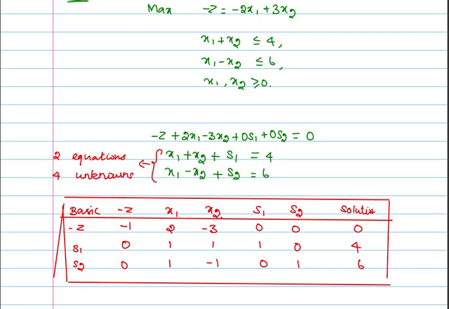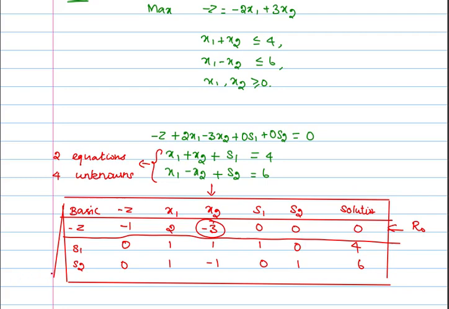So among them I choose the largest negative value in the 0th row, which we also call R0. From that, minus 3 is the largest in magnitude, so that is the new entering variable.